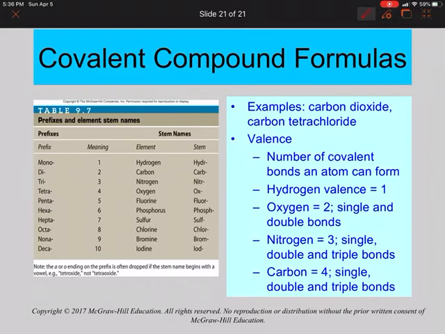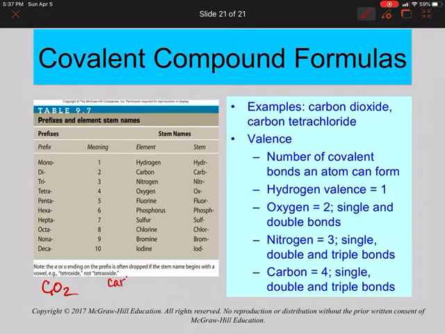So for instance, let's do CO2. All right, so how do we know how to name this one? If the first element only has one, when there is no subscript, the number that's below here, then that means that there's just one of those.